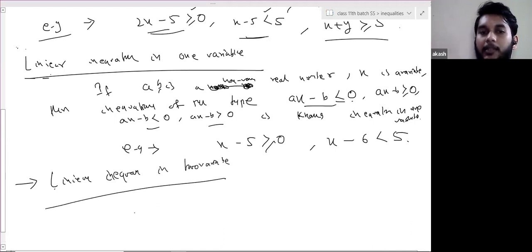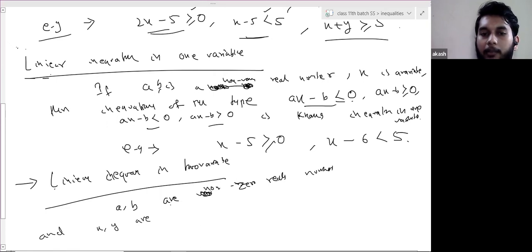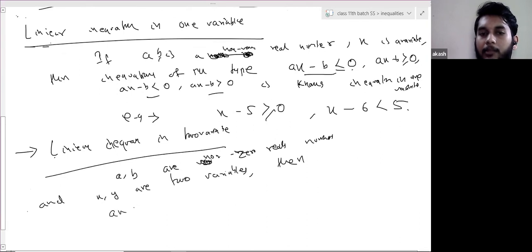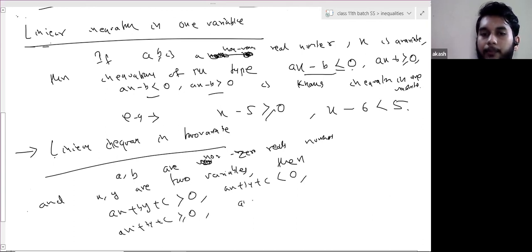If A and B are two non-zero real numbers, and X and Y are two variables, then an inequation of the form Ax plus By plus C greater than 0, Ax plus By plus C less than 0, and the same for greater than or equal to, less than or equal to, are called linear inequations in two variables. All right, Fahad, this is clear?